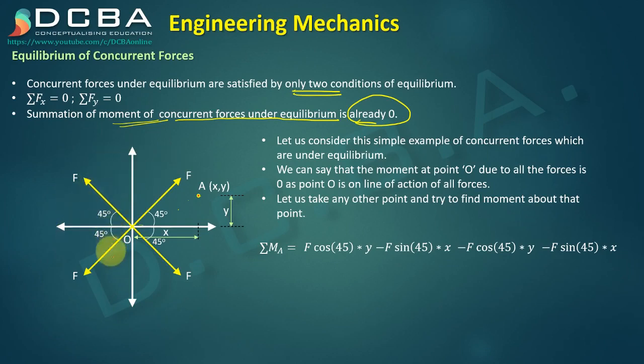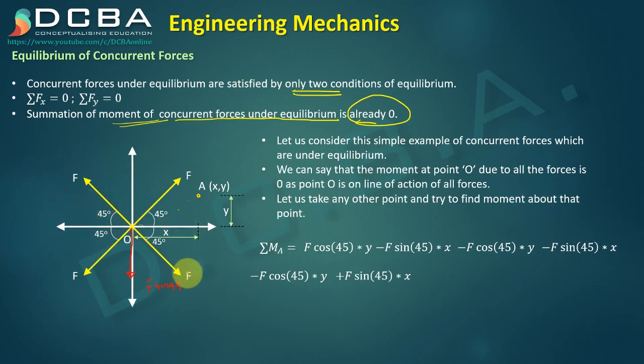Let us talk about this third force, which has its horizontal component this way and vertical component like this. So this is F cos 45, this is F sin 45. F cos 45 multiplied by y is going to cause a clockwise moment, so it is minus F cos 45 into y, and F sin 45 multiplied by x is going to cause an anti-clockwise moment about point A, so it's plus F sin 45 into x.